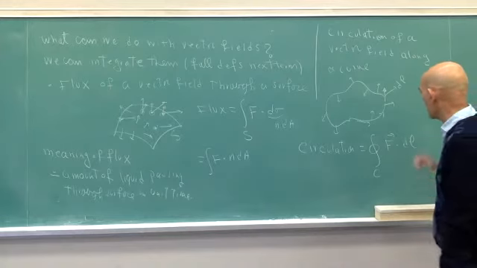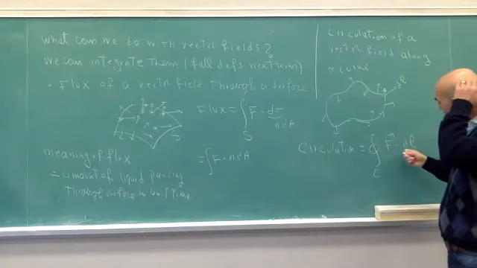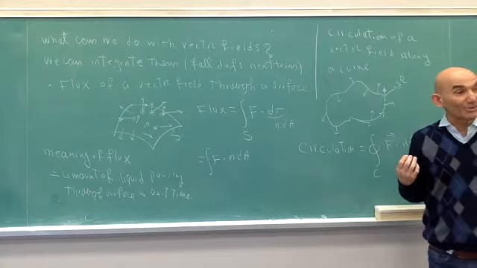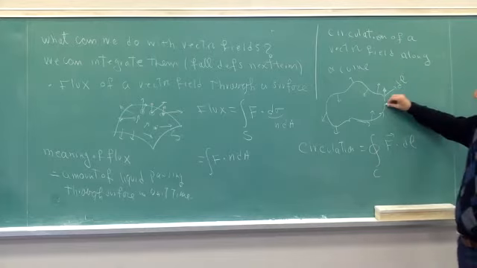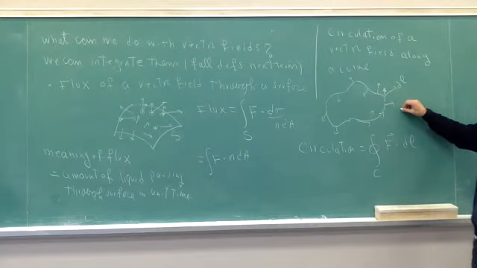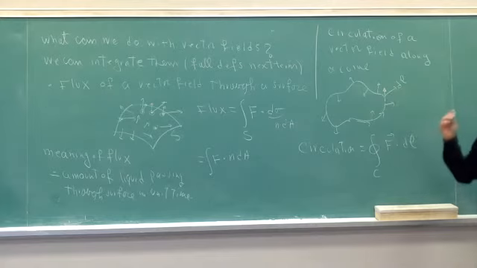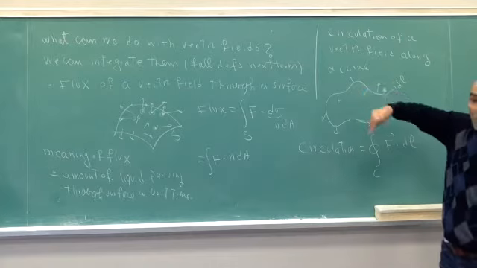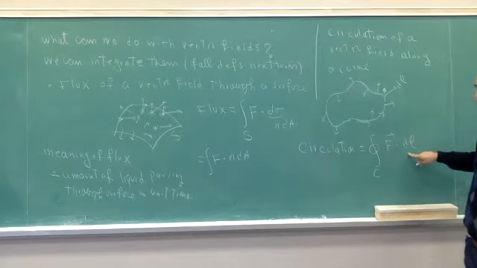Again, to understand this, you can put yourself in a hypothetical situation. Imagine the vector field is orthogonal to your curve. Then there is no circulation. It's zero, right? It doesn't move around the curve.